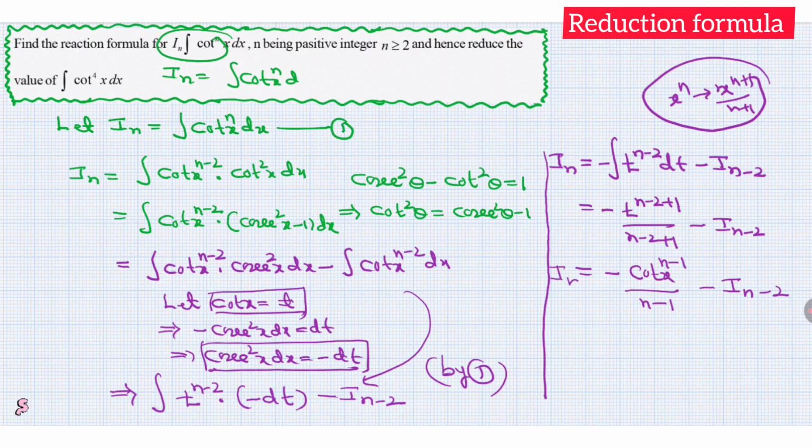So I n, the reduction formula for integration cot x power n, is I n equal to minus cot x power n minus 1 by n minus 1 minus I n minus 2.